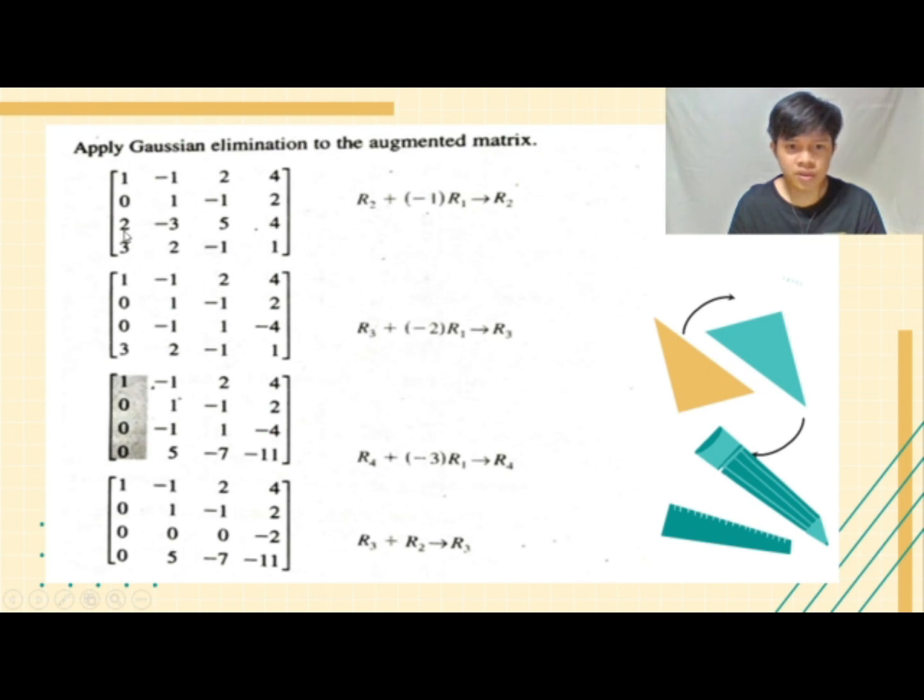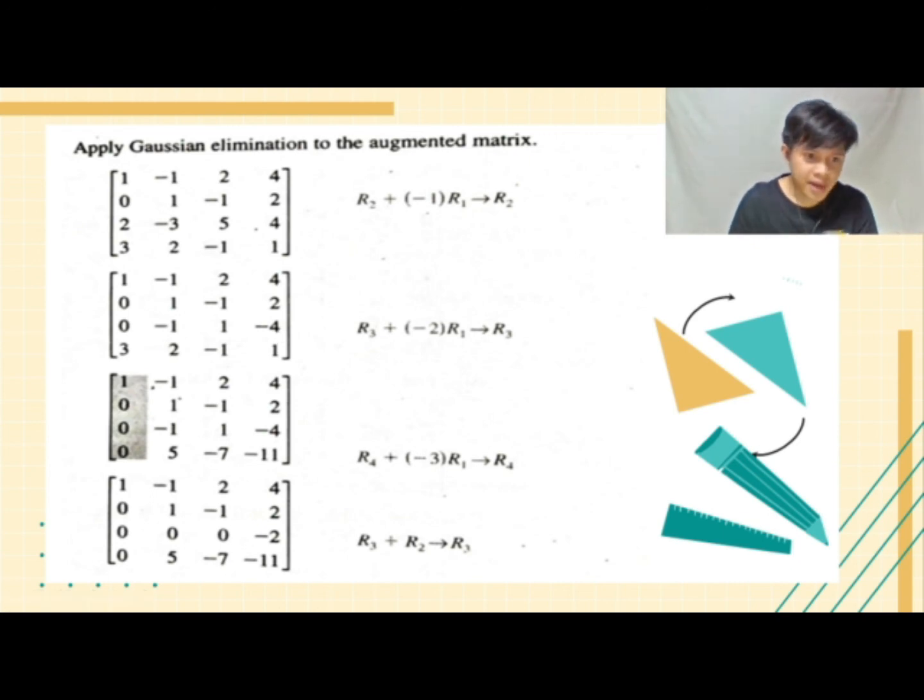So, 2 minus 2 times 1 is equal to 0. Okay? Negative 3 minus 2 times negative 1 is equal to negative 1. 5 minus 2 times 2 is equal to 1. Okay? And the last one is 4 minus 2 times 4 is equal to negative 4.